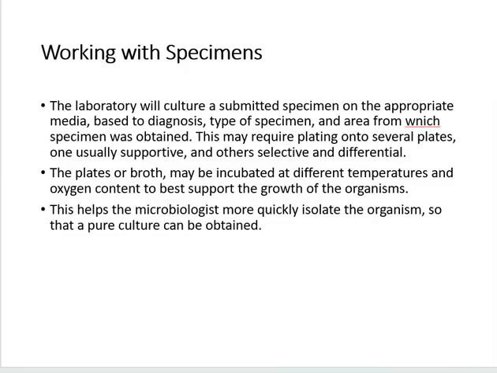So this does usually require plating on several plates, usually a supportive plate, and then selective and differential plates so that we can differentiate them out. And these plates are incubated at different temperatures and oxygen contents. So for a wound culture, we would usually use 5, 6, 7 plates. We'd put several at 37 degrees.